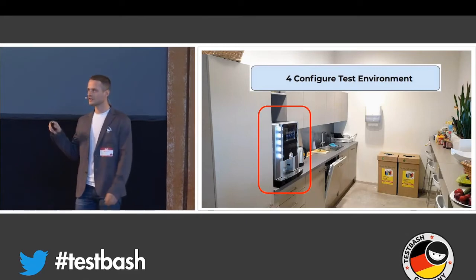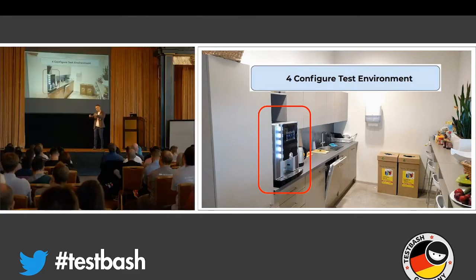So I saw a person who configures that machine quite often. I think once per week at least there was some man trying to do something in order to achieve better taste of the coffee. And that is why I want you to create an association of configuring a test environment with the coffee machine.